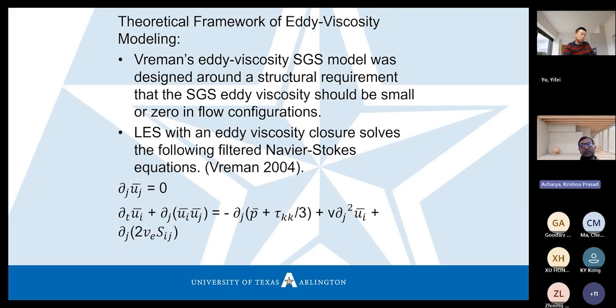LES with an eddy viscosity closure solves the following filtered Navier-Stokes equations, and these equations are taken from the Vreman 2004 paper: partial u_j bar over partial x_j equals 0, and partial t u_i bar plus partial j of u_i bar u_j bar is equal to negative of partial i of (p bar plus tau_kk over 3) plus nu partial j squared u_i plus partial j of 2 nu_e S_ij.